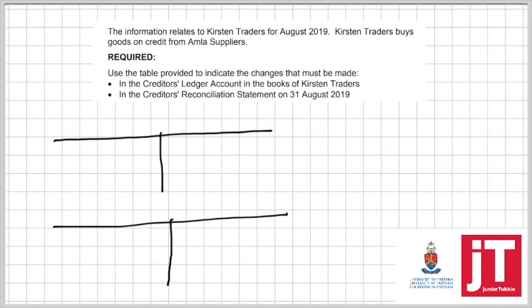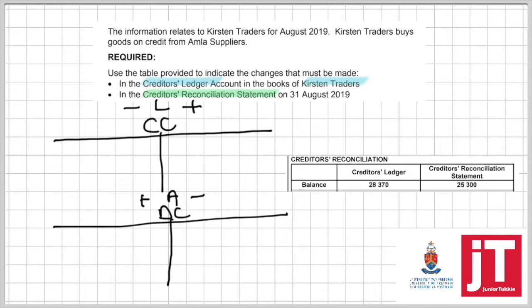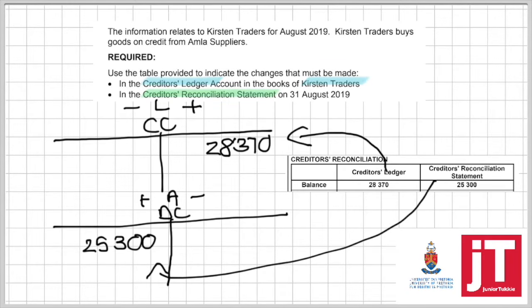In the creditor's ledger account, in the books of Kirsten Traders, from our perspective, they are a creditor, which is a liability. In the creditor's reconciliation statement, from their perspective, we are a debtor, which is an asset. According to us, we owe them $28,370, and according to them, we owe $25,300.